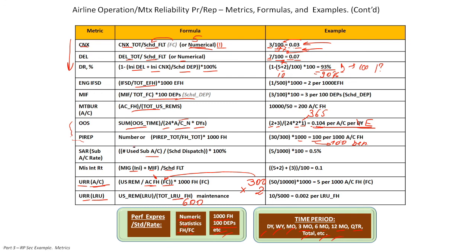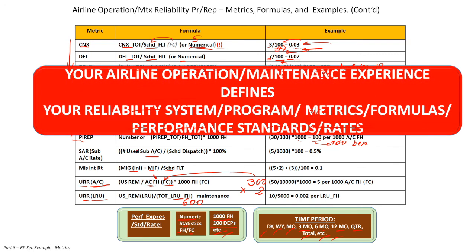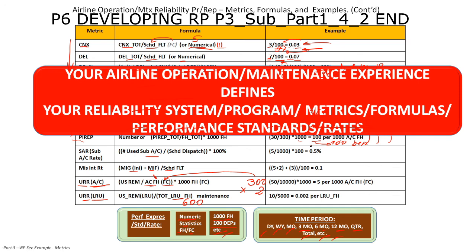And before we move to sub-part 2, I would like to remind you that our own airline operation and maintenance experience, not our competitors, not our neighbor airline, defines our reliability system, reliability program, reliability metrics, formulas, performance standards, rates, etc. What is good for airline A does not automatically mean that it's going to be good for airline B. We need to understand what we are doing, why we are doing it and how we are doing it.